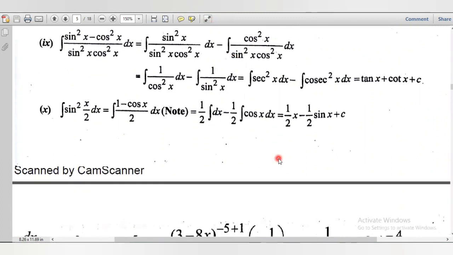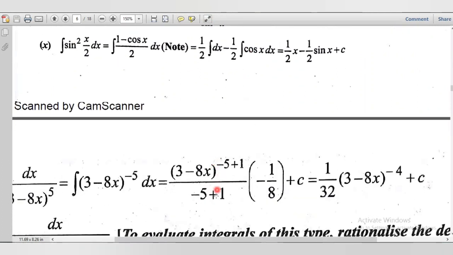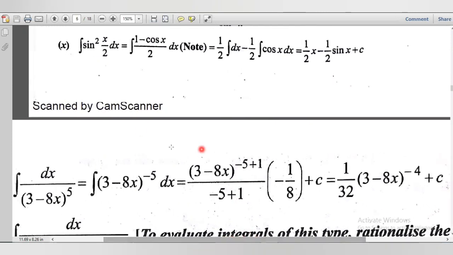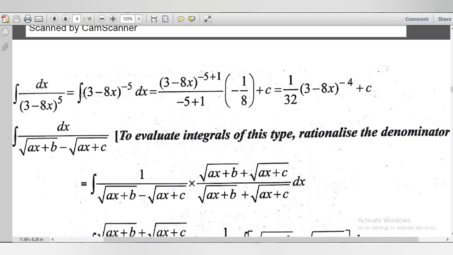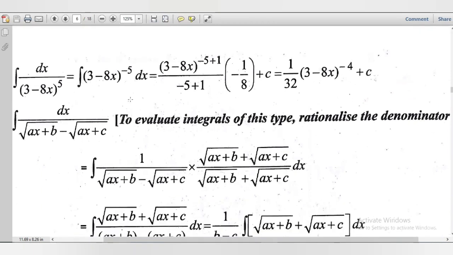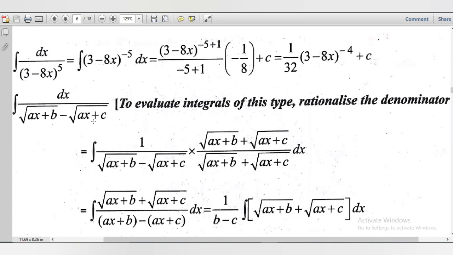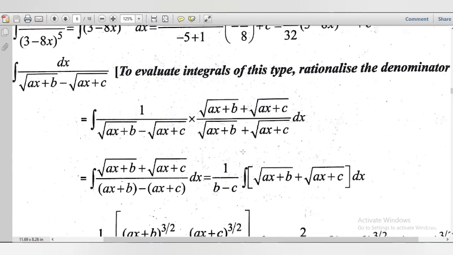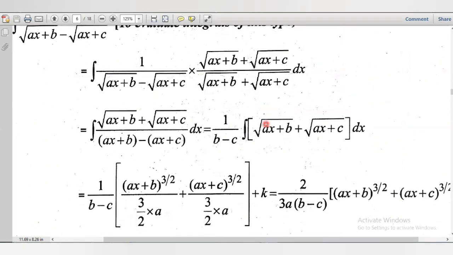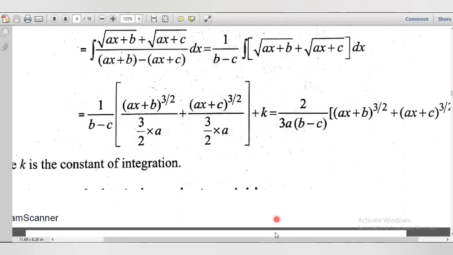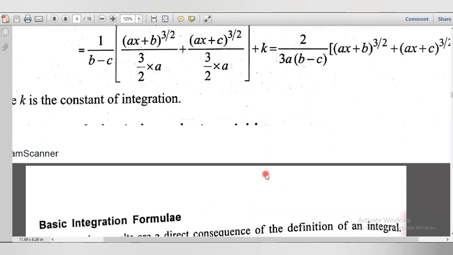So see, you can see here that you have to rationalize the denominator, and all you know very well, where k is the constant of integration.